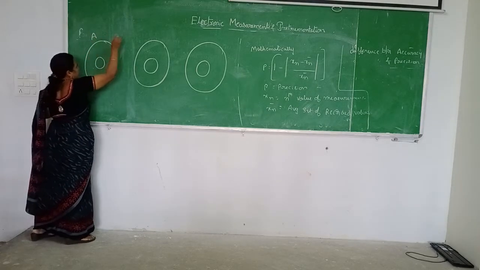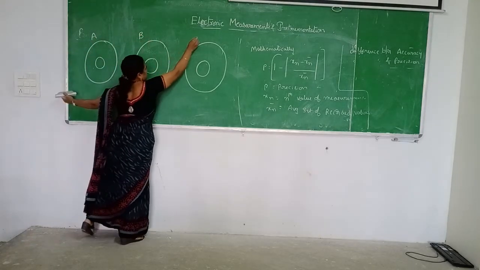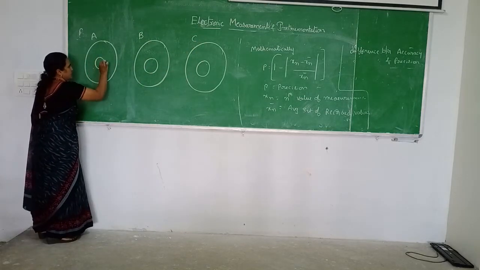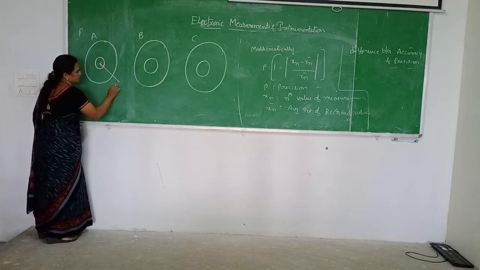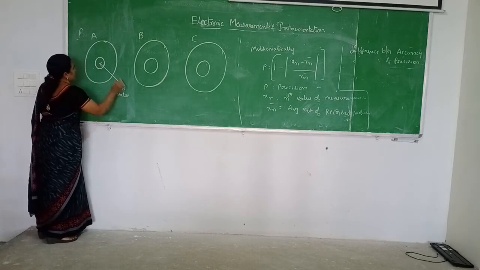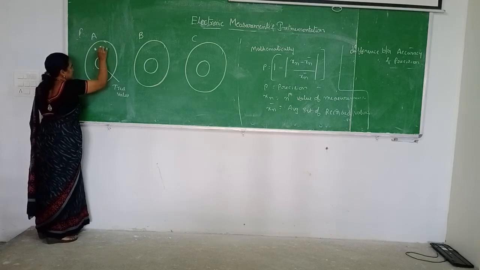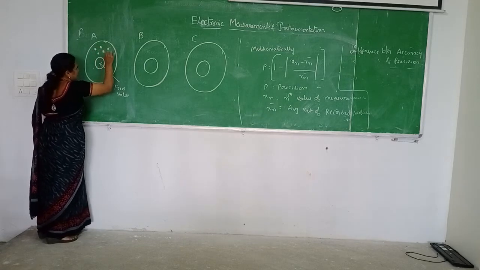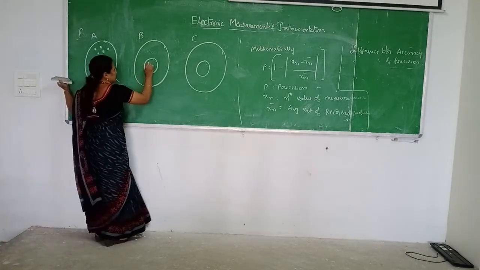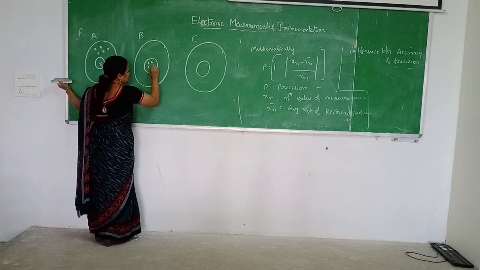This is A instrument, this is B instrument, and this is C instrument. Here this circle represents the true value and the dotted points represent measured values.